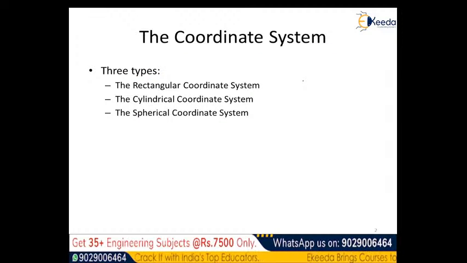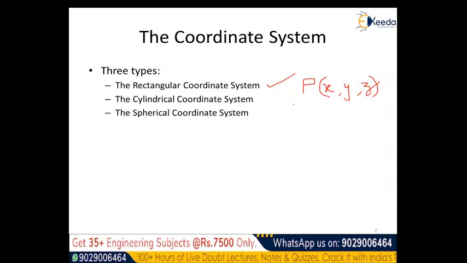If for example we select a point P, that can be mathematically denoted with the capital letter, and beside it within parentheses we provide the three coordinate values. The first can be, let us say, x, then y, and then z. So x, y and z are measures of length. This way we can have the notation, and further analysis we shall see in detail for the rectangular coordinate system.